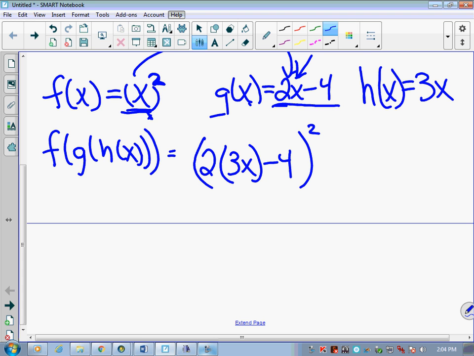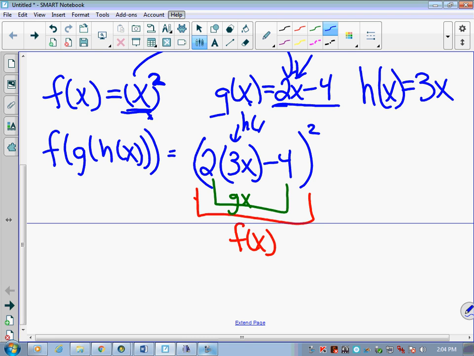This is what f of g of h of x would look like before I've solved any of it. Did I lose about half of you there by taking 3 sets? Okay, so let's look at this. This is f of x, right? This is g of x. And this is h of x.